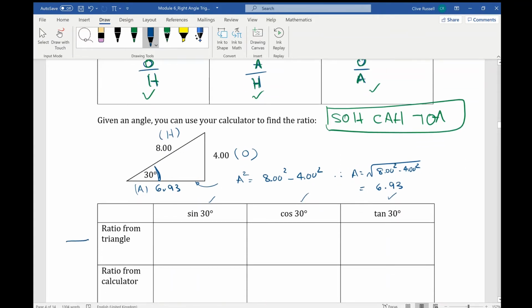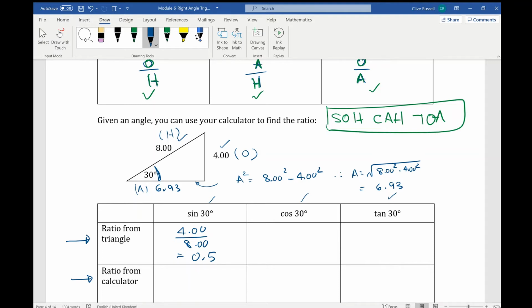Now we're going to do two things. Here it says find the ratio from the triangle, and then here we're going to use our calculator. So from the triangle, sine of 30 is opposite over hypotenuse. So it's going to be 4.00 over 8.00. Now if you plug that in your calculator, you're going to get 0.5.